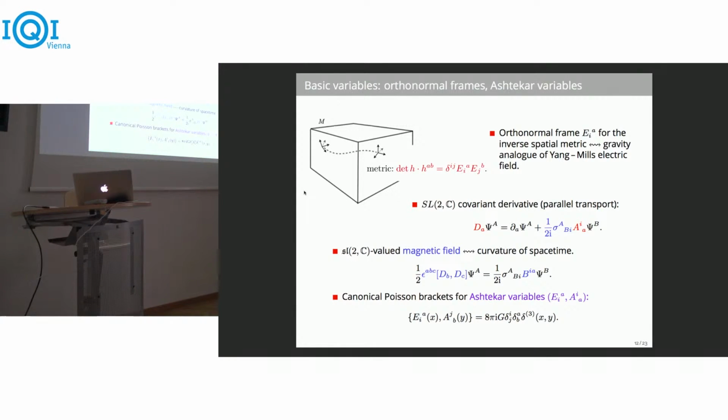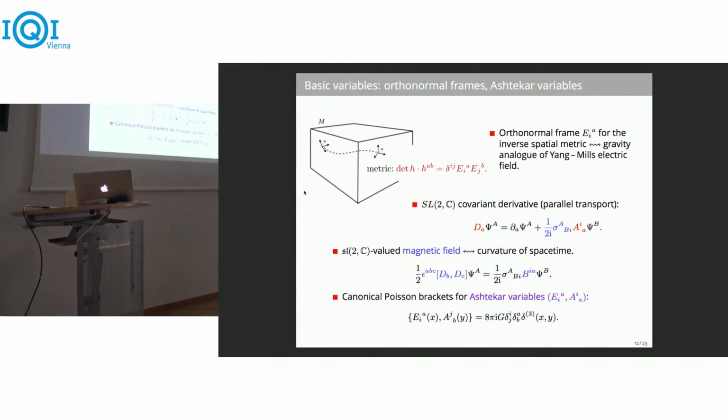And very analogously as in the electromagnetic case, the connection, the notion of parallel transport, is the canonical conjugate variable to the gravity analog of the electric field, which are these orthonormal frames. And these are the canonical commutation relations.